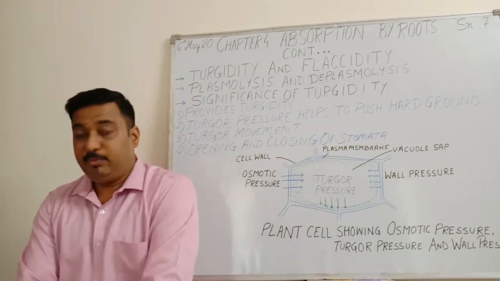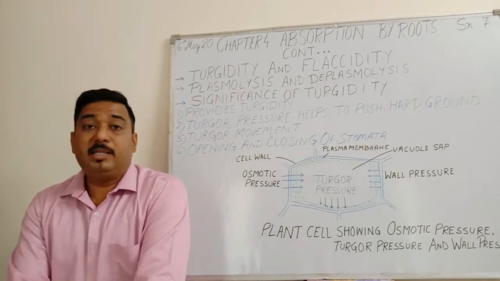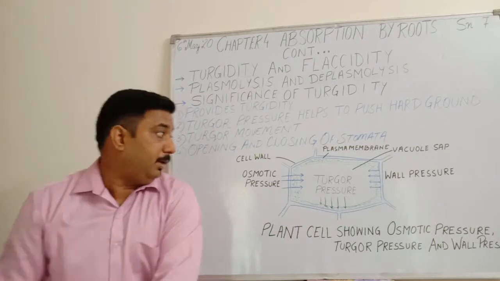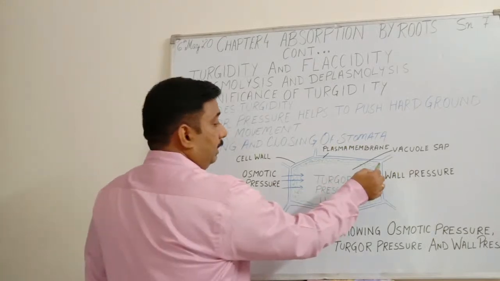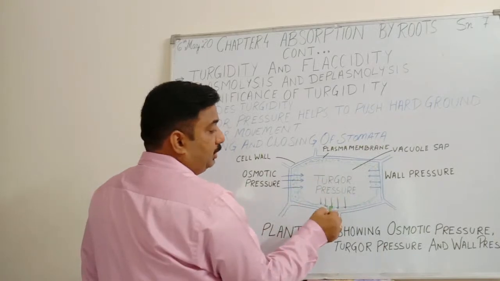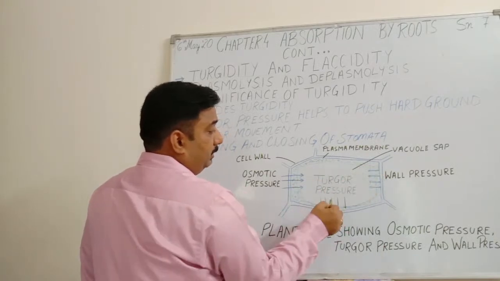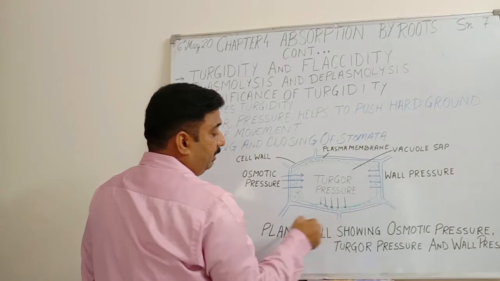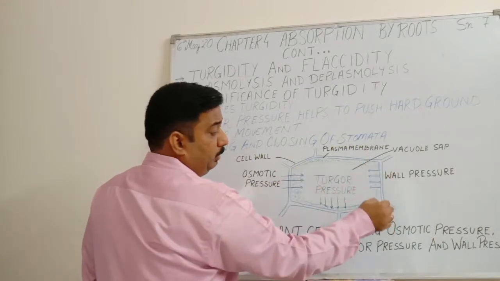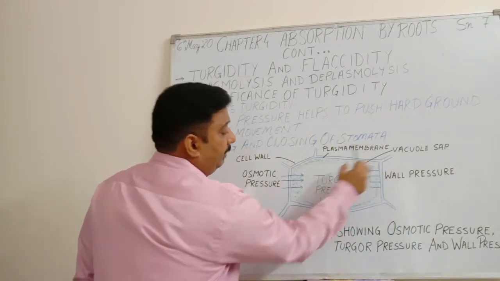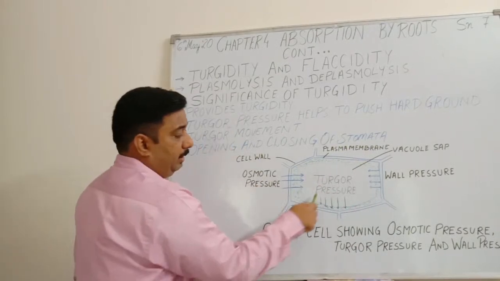The cytoplasm will start to shrink, and one thing we have to keep in mind: when the cytoplasm shrinks, the cell membrane will also shrink, whereas the cell wall will remain intact. There will be no change in the cell wall, but the cell content will shrink and come to a corner.